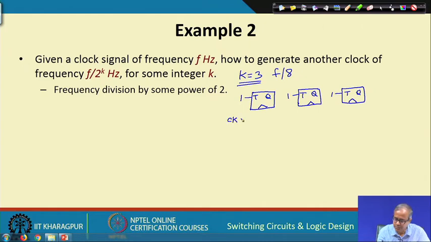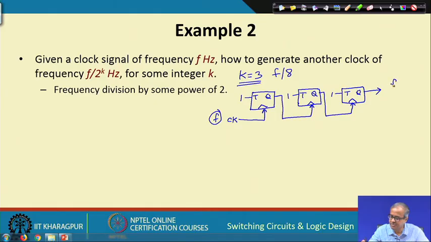The clock input of frequency f I am feeding here, the output Q of the first T flip flop I am feeding in as the clock of the next, and the output of this I am feeding here, and this is my final output. What I claim is that if my clock input frequency is f, then here the frequency will be f by 8. Let us call these Q1, Q2 and Q3. Let us work out how it works.